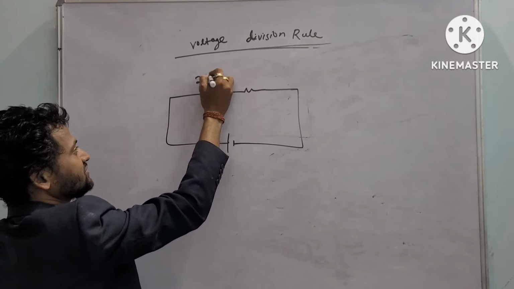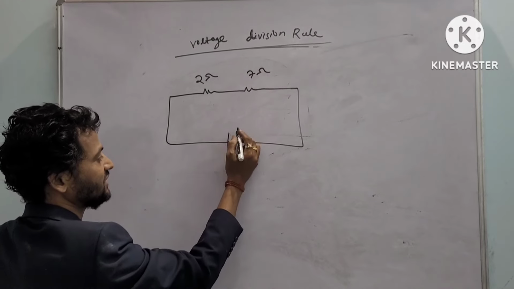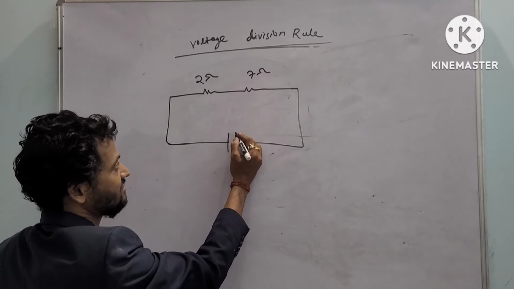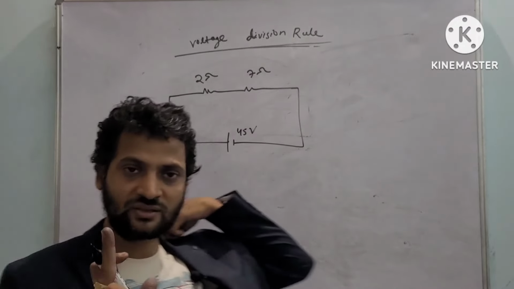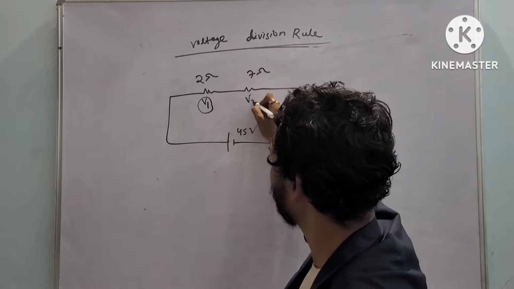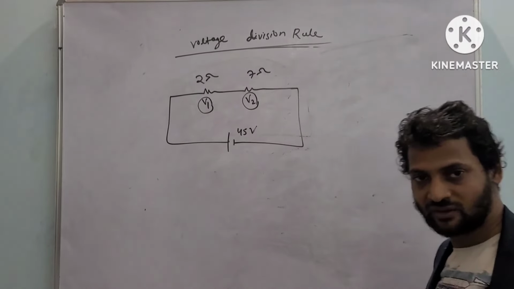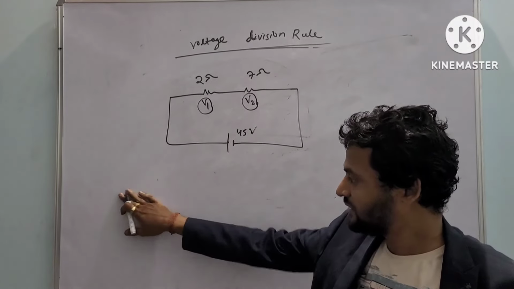Let this resistance is 2 ohm and this is 7 ohm and it is like 45 volt. We can solve this circuit or we can find out the value of V1 and V2 by using 3 different methods. So as per your own convenience you can accept it.